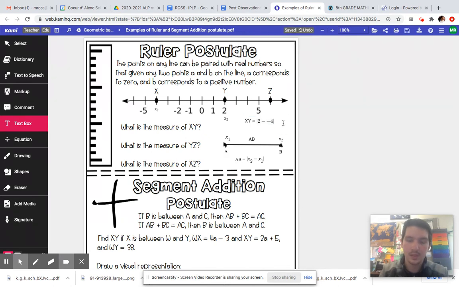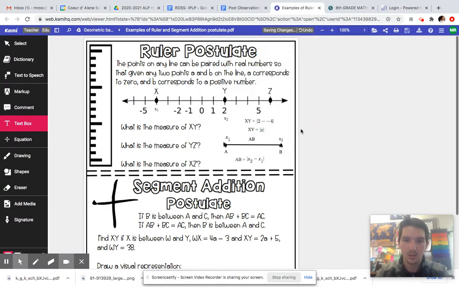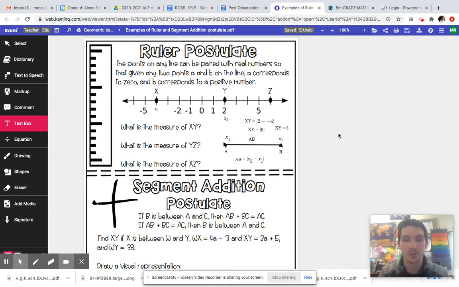So what we can do now is solve this. 2 minus -4 is going to give us 6. So XY equals the absolute value of 6, which of course is going to be XY equals 6. Okay, so your answer for this first one is 6.